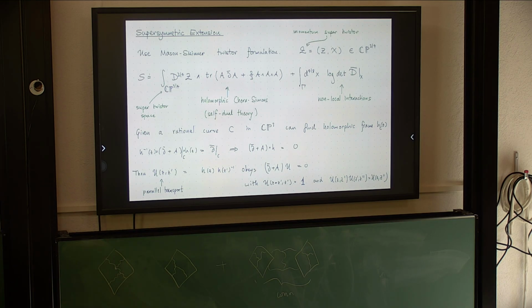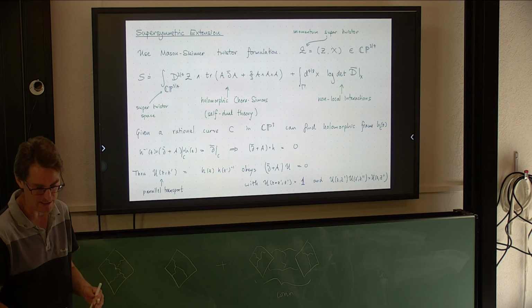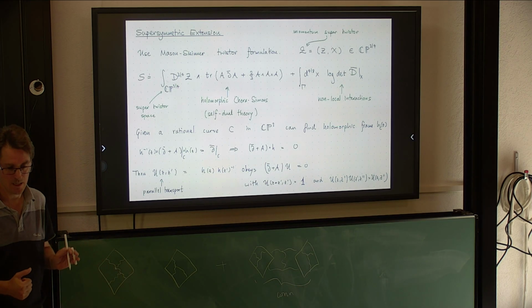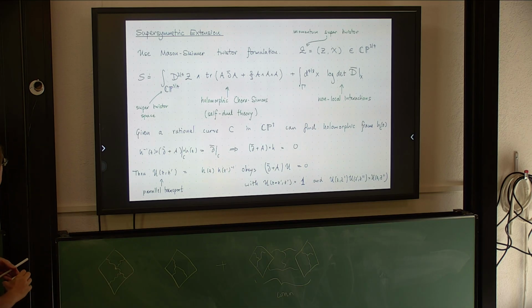And that's actually quite a complex operation, and in some sense it's most naturally handled in this momentum twistor space story. Okay, so what I'm going to do is follow what Mason and Skinner did in order to try and provide a supersymmetrization of the Wilson loop. And they worked in momentum twistor space.